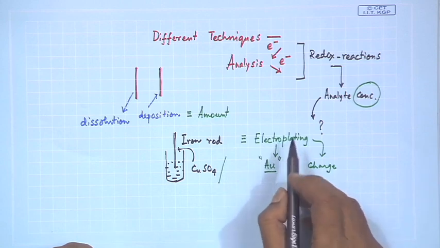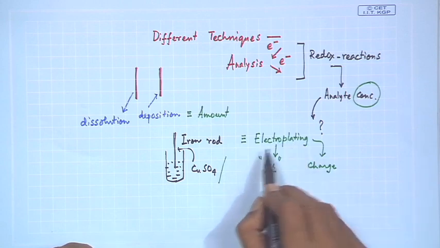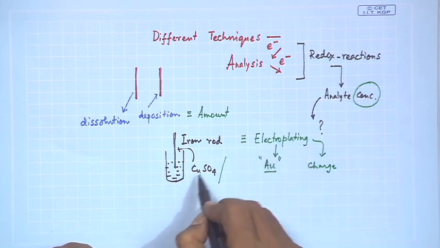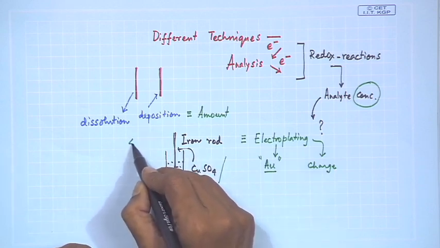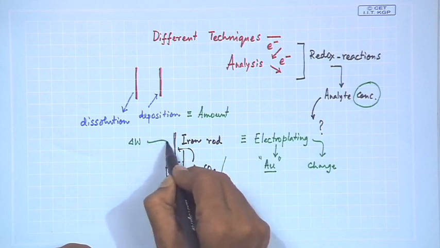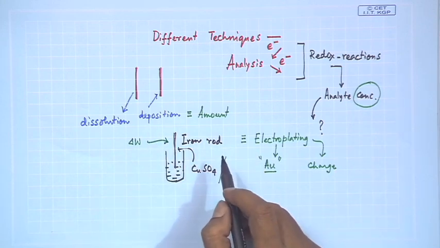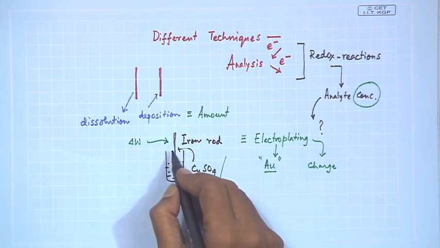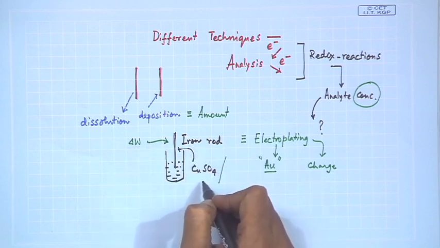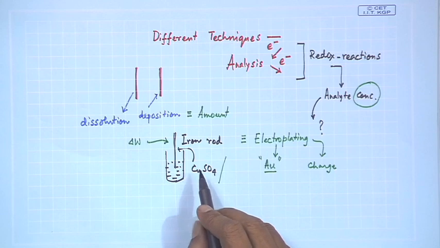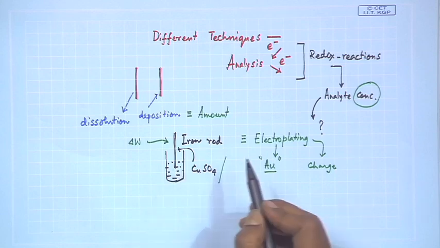So, anything of that kind, that means electroplating or this deposition of metal ion on the iron rod, because there we can find the weight difference of this particular electrode. Initially how much weight you have and finally how much weight you get, that difference will give you the corresponding amount of copper which is deposited on this iron rod.